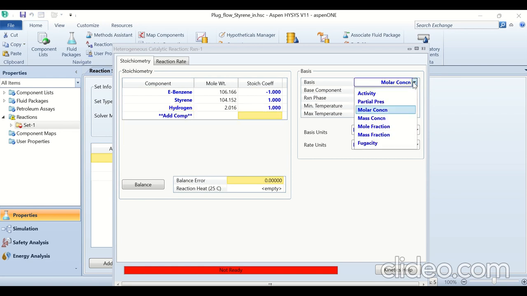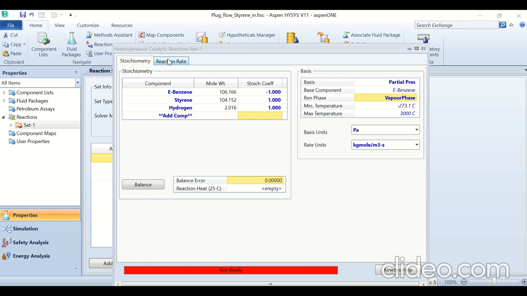And the basis is partial pressure. The base component is ethylbenzene, and the reaction is happening in vapor phase. The base units are Pascal, and the rate units are kilomole per meter cube per second.